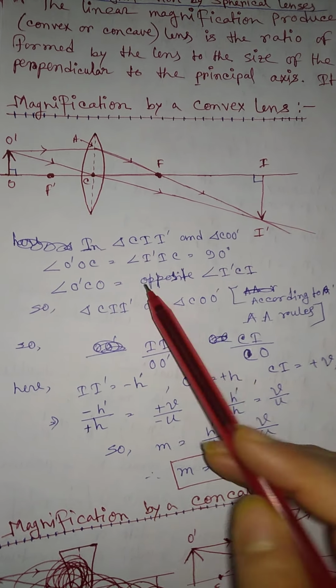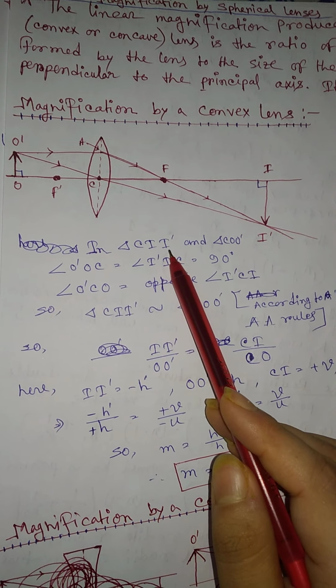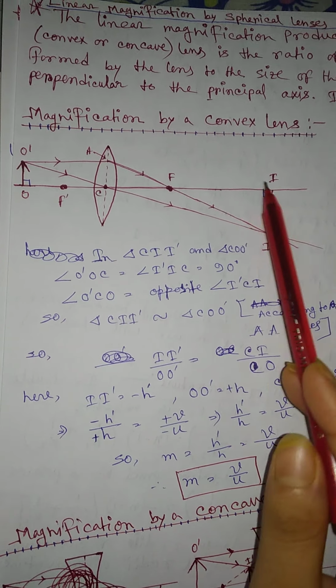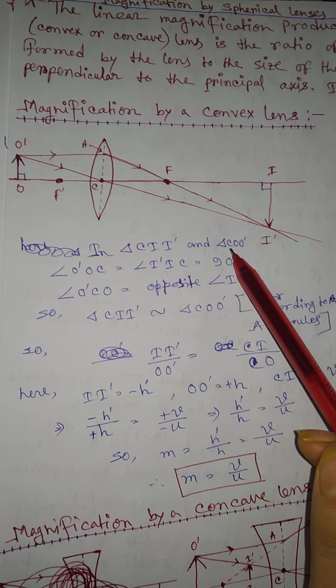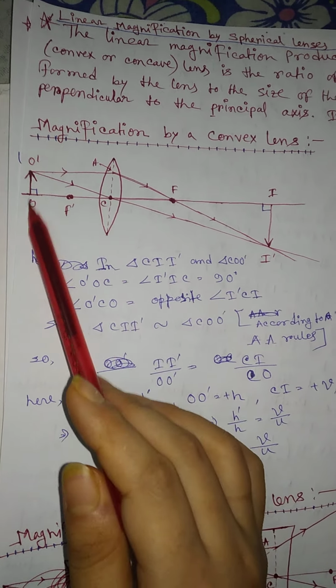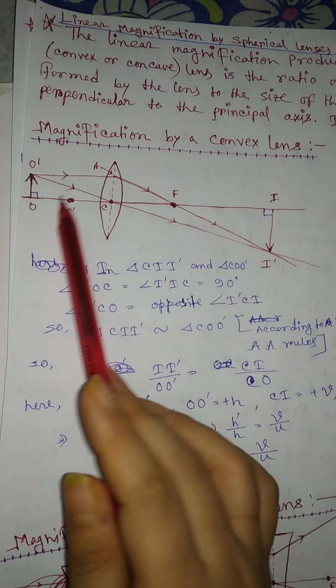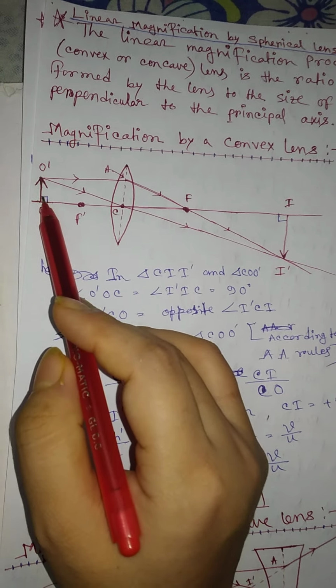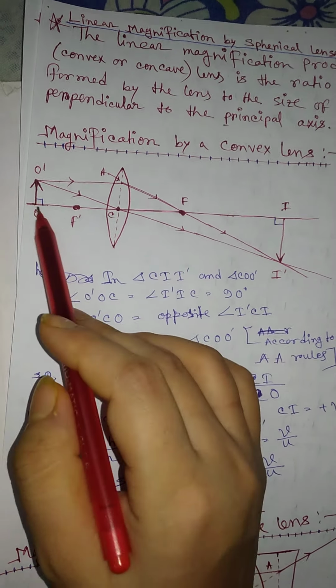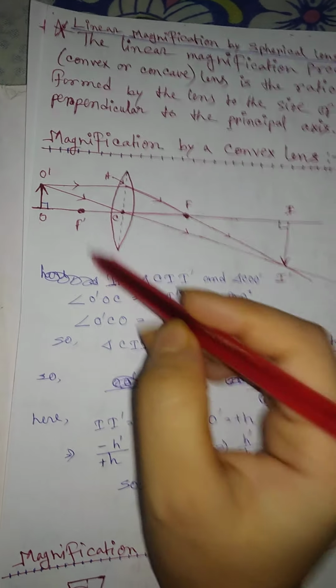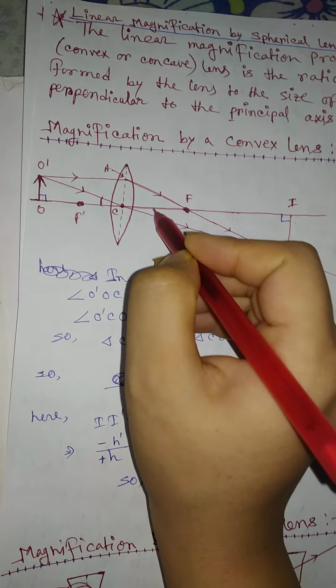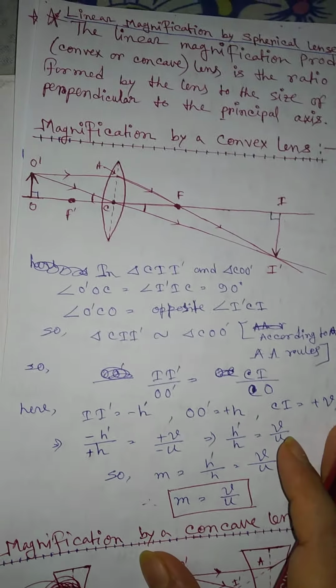So here, in the two triangles CI dashed and COO dashed, just look at here, these two angles are 90 degrees, that means these two angles are equal, and these two angles are opposite angles, so they are also equal.